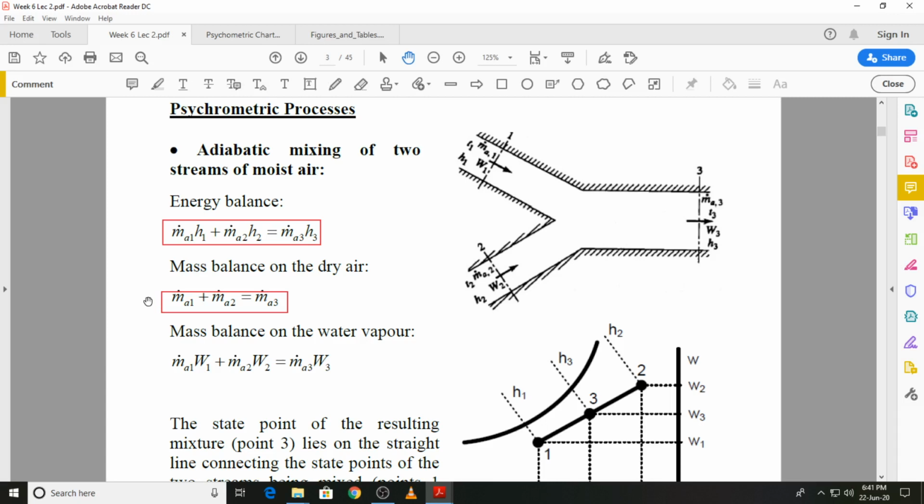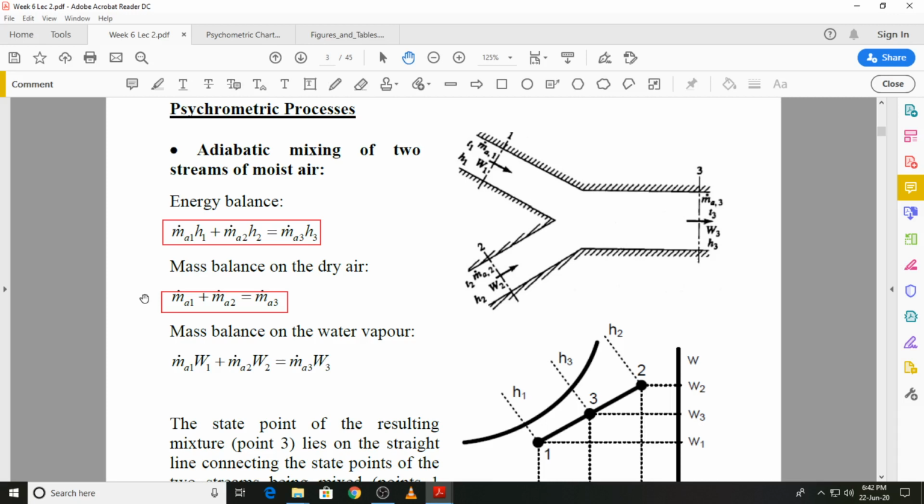To apply the mass balance for the water vapor, remember that the humidity ratio is defined as the mass of water vapor per unit mass of dry air, and for steady state systems, instead of saying mass, we can say mass flow rate. That is mass flow rate of water vapor divided by the mass flow rate of dry air, which means that the rate of water vapor is equal to the humidity ratio times the mass flow rate of dry air.